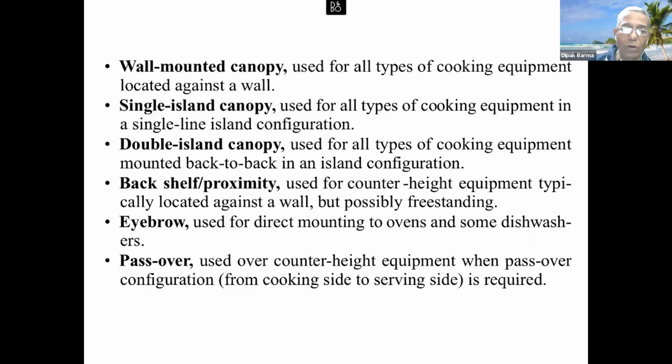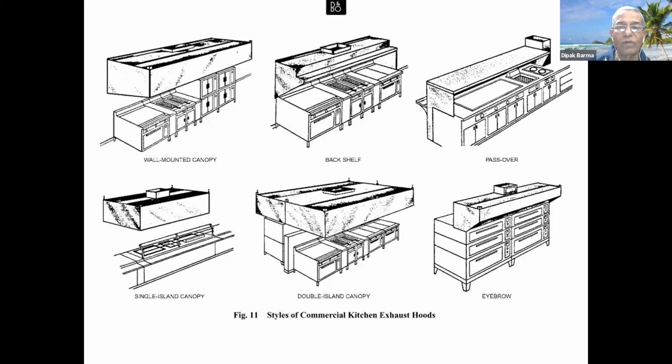You have an eyebrow, meaning an extended hood, and the exhaust is from the front to take care of the open drawer or open area for taking out the heated items. There is a passover type, which again, let's just go through the drawings, you'll figure this out now. This is the wall mounted canopy which we're talking about.